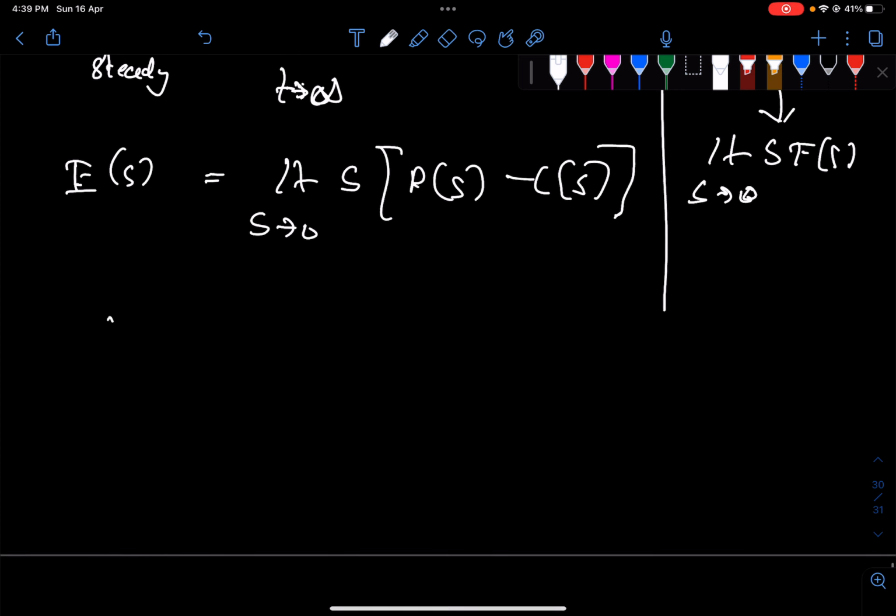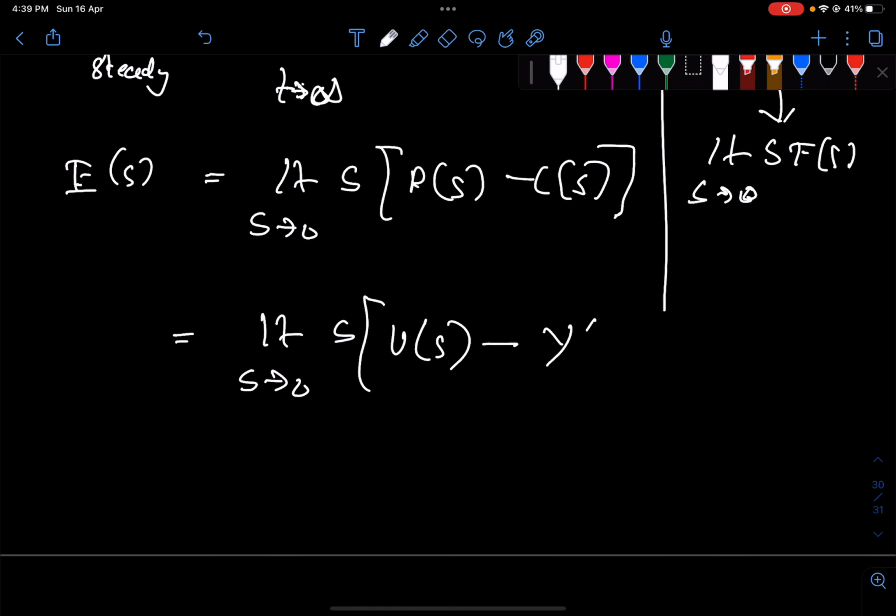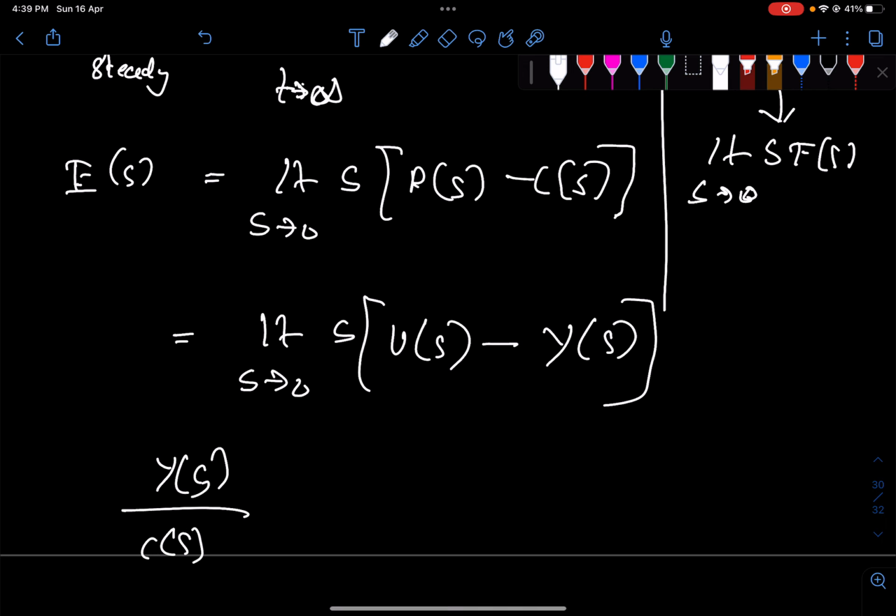And we know our transfer function, with the input to our state space being U of s and output Y of s. And what is Y of s by U of s from the state space?